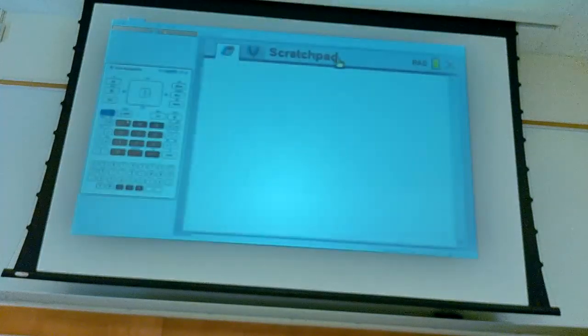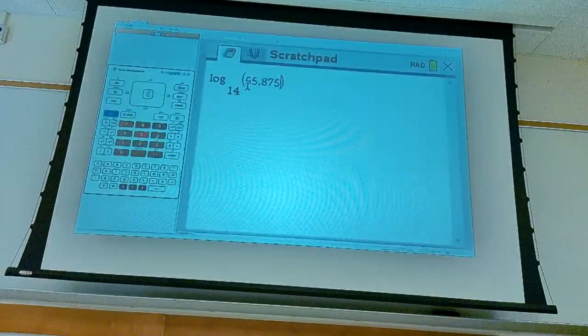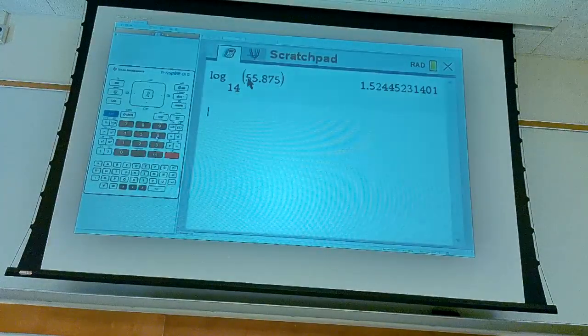This was the original, so let's do log base 14 of 55.875. Why am I using the mouse when I opened up my keyboard? All right, so there it is. If you just type in log base 14, if your calculator allows you to do that, that would just be the answer.